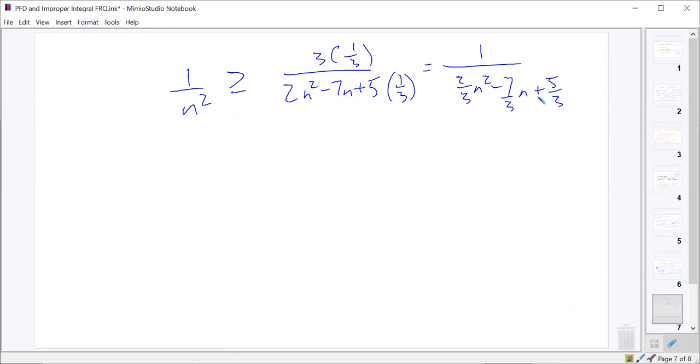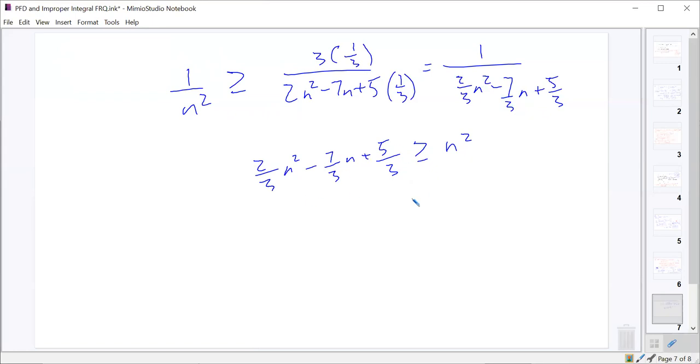And if you want 1 over n squared to be greater than or equal to 1 over 2/3 n squared minus 7/3 n plus 5/3, then this denominator, 2/3 n squared minus 7/3 n plus 5/3, has to be greater than or equal to n squared.